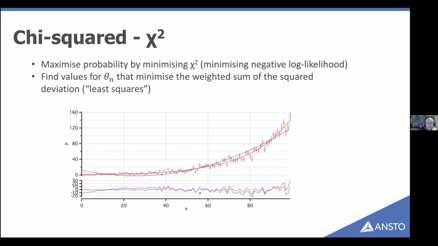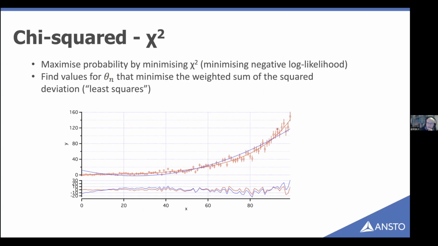So in normal least squares fitting, what we aim to do is to minimize chi-squared, or minimize the negative log likelihood, which is equivalent to maximizing the log likelihood. What we're trying to do in a least squares analysis, or in most data analyses, is find the values for the parameters that best describe our model.